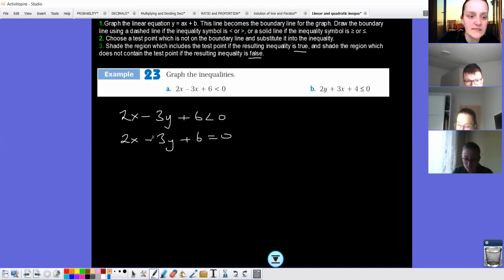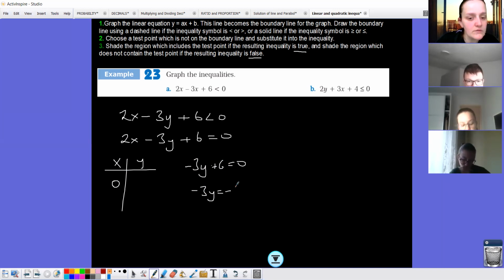If I leave it in this form, how will I draw the graph of this line? Again, I will give some values to x and find y values. Firstly, let's give 0, the zeros will help us. If I give 0 to x, this part will be 0, then I will have minus 3y plus 6 is equal to 0, then minus 3y is equal to minus 6, and y is equal to 2.